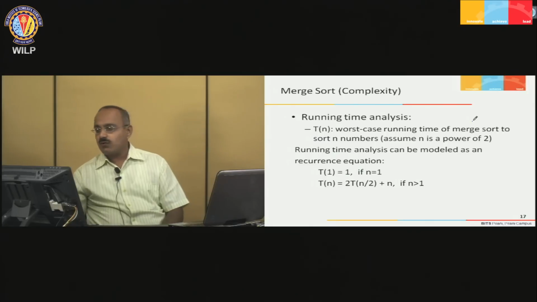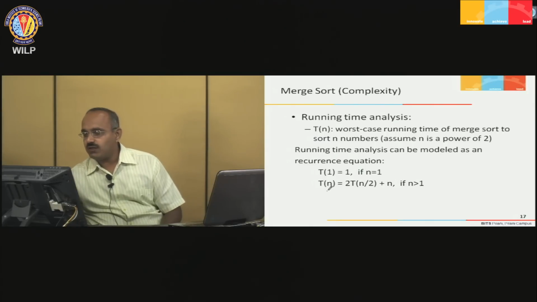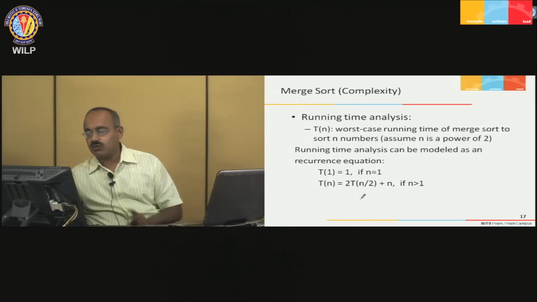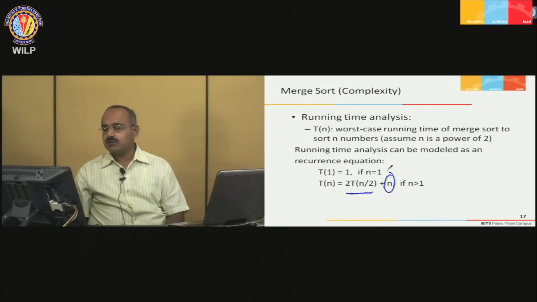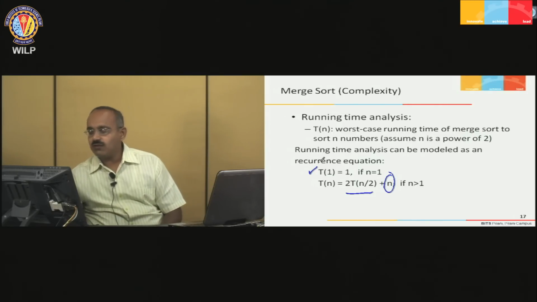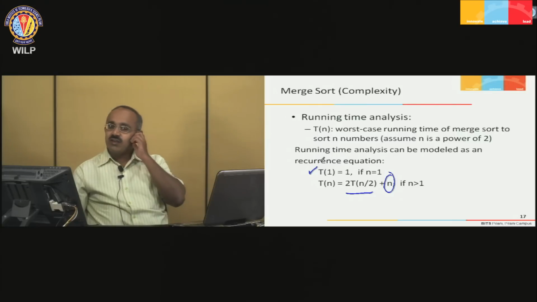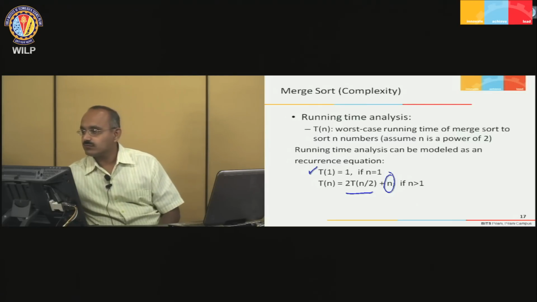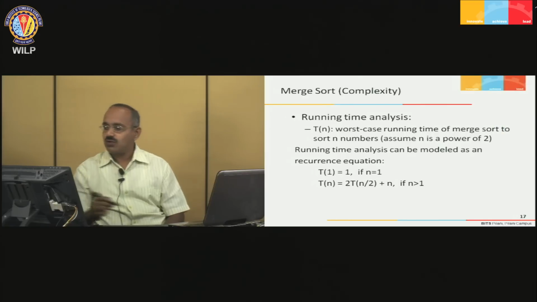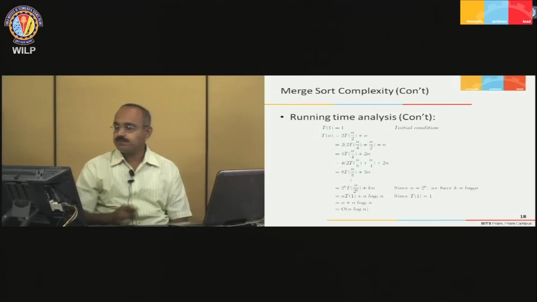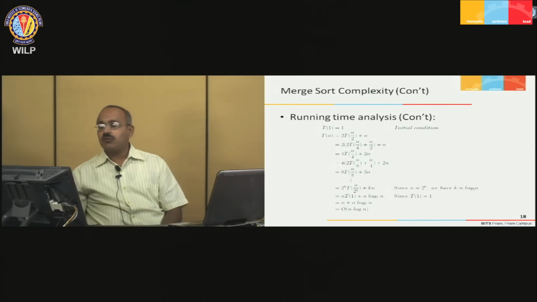So, what I get here is the following. T(n) is equal to 2 T(n/2), where this factor comes from T(n/2) twice, plus n, the time required to merge. The base condition is T(1), which is of constant time, equal to 1. Now, this recurrence relation can be solved by using the substitution method.